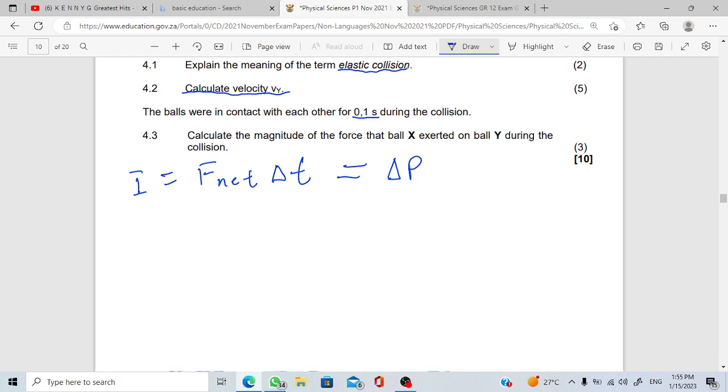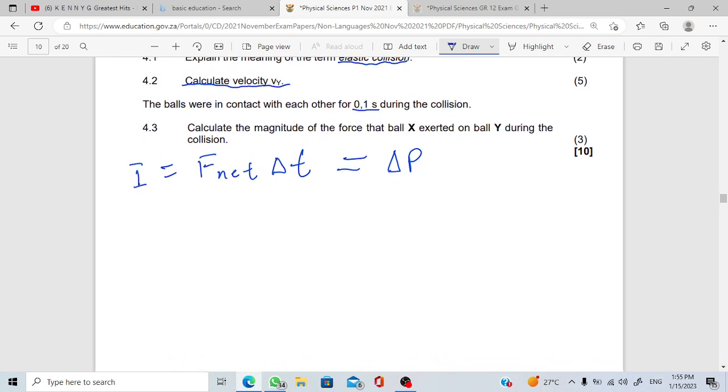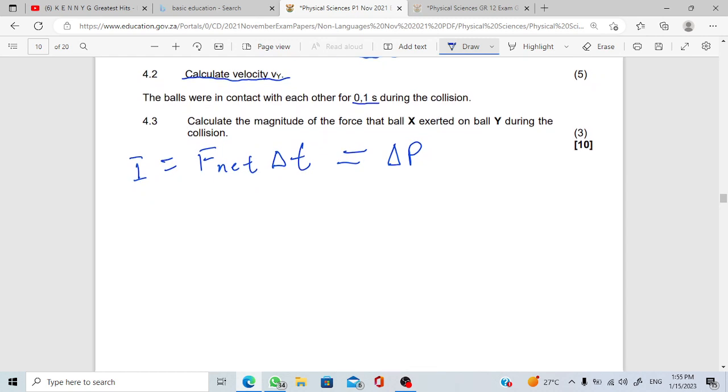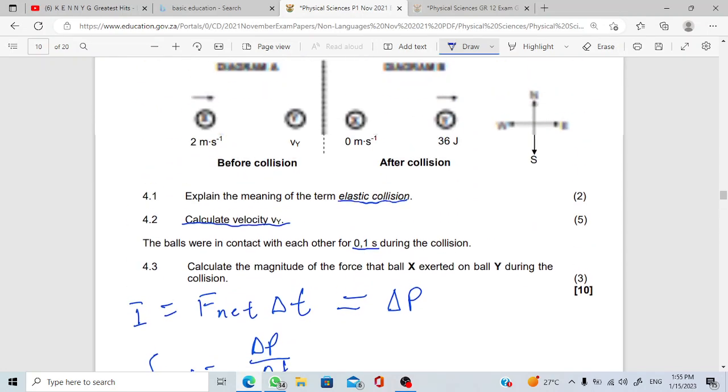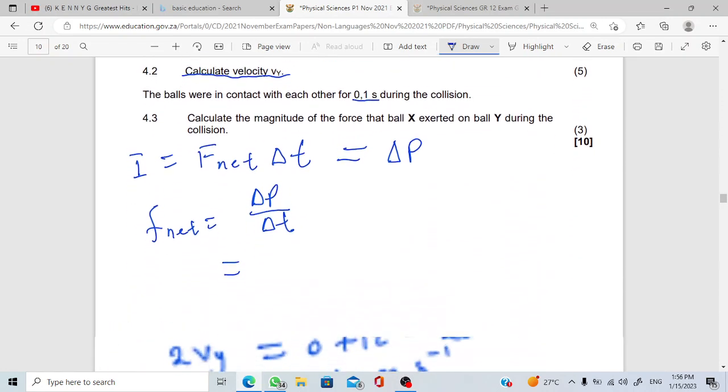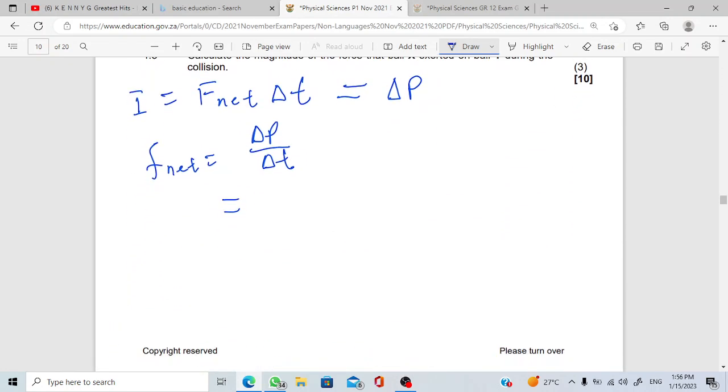Now calculate the magnitude of the force that ball X exerts on ball Y. So for you to get F net, it is equal to delta P over delta T. All right, now what is the momentum of ball X? Ball X has a mass of 10 kg and a velocity of 2 meters per second. Sorry for that.